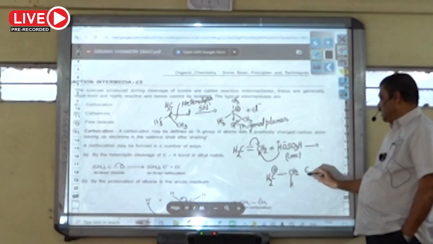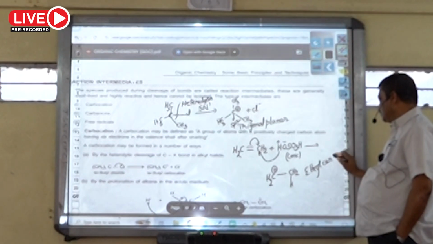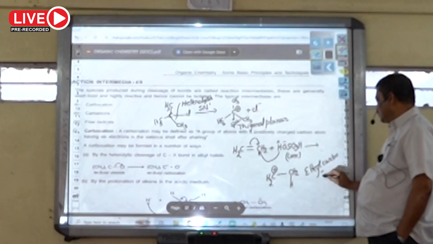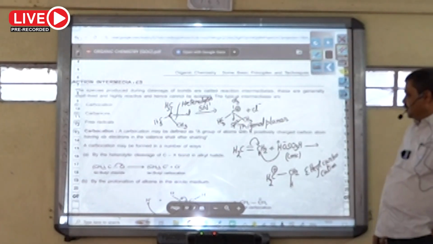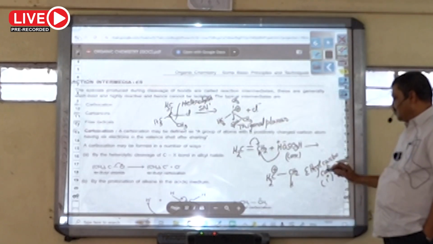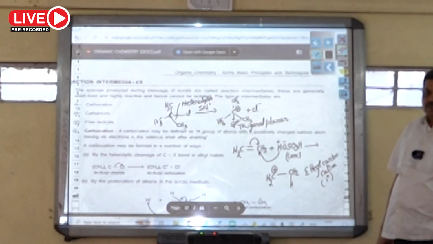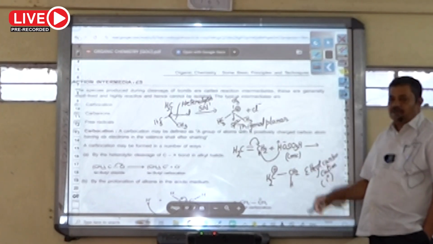It is ethyl carbocation. Ethyl carbocation is primary because the carbon bearing positive charge is linked with one more carbon.